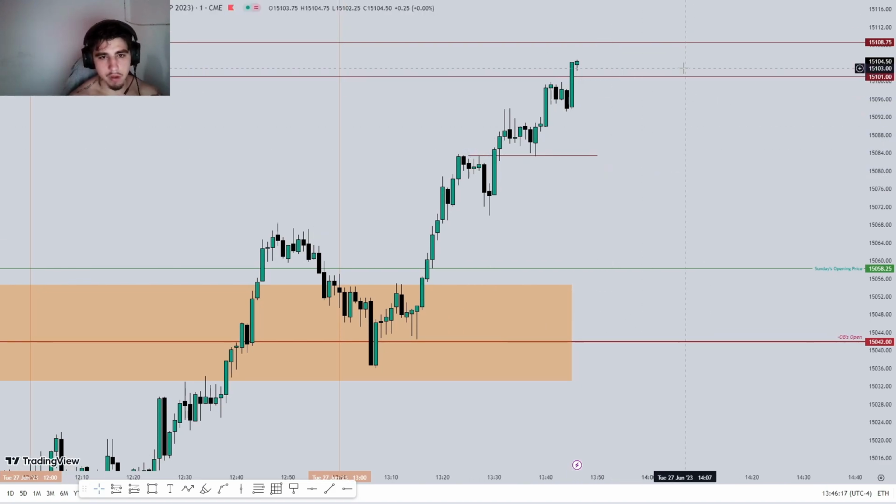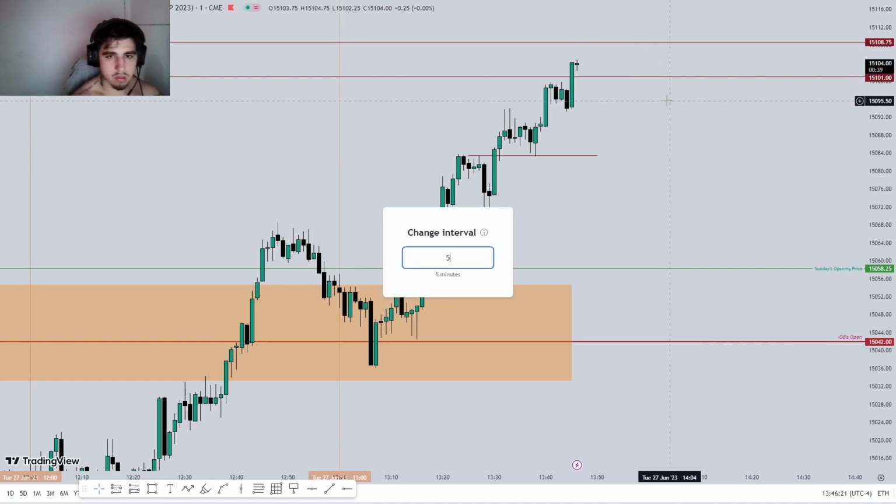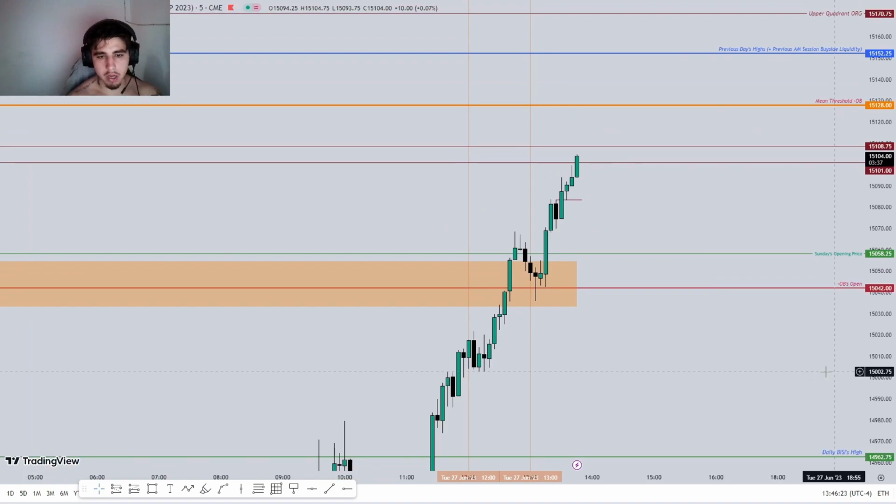This would have been 5 handles on ES, but I don't care about these. I mean, I care about them, they're nice, but this was not my model. So I would just sit on the sidelines, and if we get to that 15108 level and the 15152.25, I mean, that's high probability that it's going to go there, and I cannot take anything.